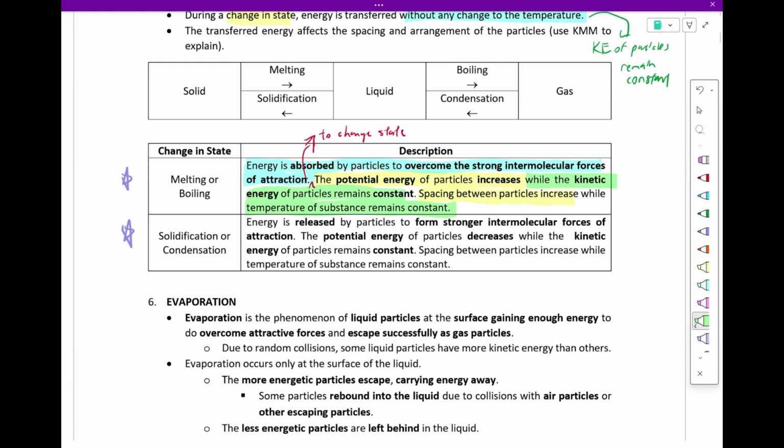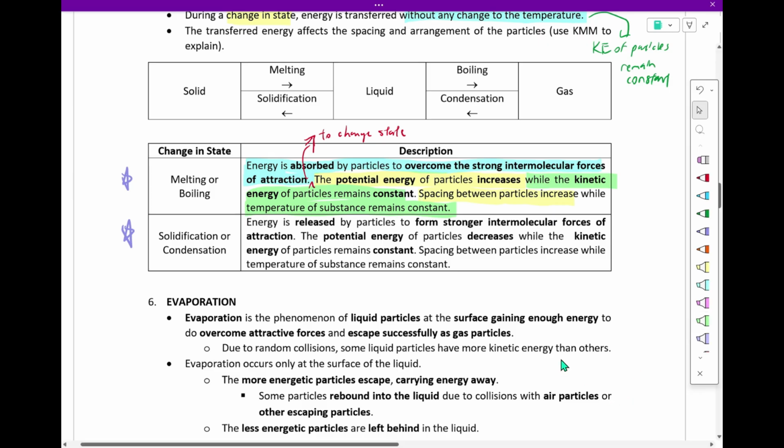I allocate it to the potential energy so that I can change state, and I do not allocate any of the heat gained to the kinetic energy, so that it remains constant and therefore my temperature is constant. For example, if I'm boiling water at 100 degrees Celsius, I will keep boiling at 100 degrees until all the water becomes steam.